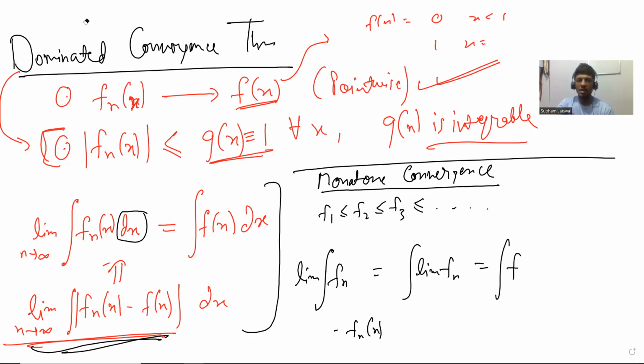Just take minus f_n(x), and this will do the job. In general, it does not work because it can become minus infinity, but our case is bounded, so there's no question of that. You can exchange the limit, the limit will be minus f, so you can cancel it. So even this solves our problem.